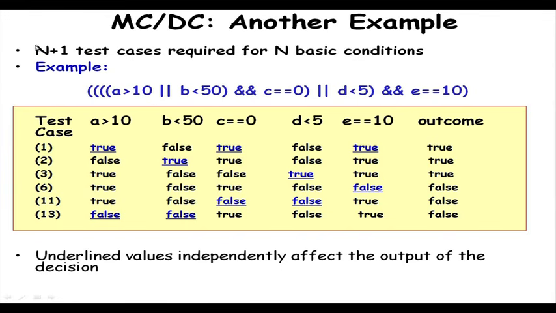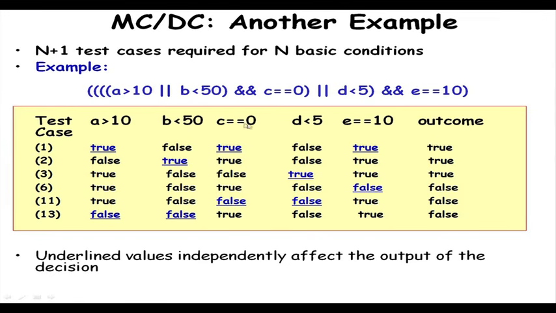Without giving any proof, we will speculate that we need n plus 1 test cases when we have n basic conditions in a compound conditional expression, or in other words, the number of test cases required to achieve MCDC coverage is linear in the number of basic conditions.